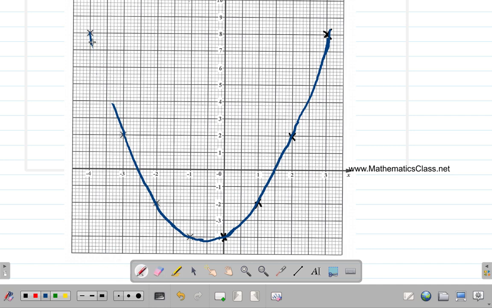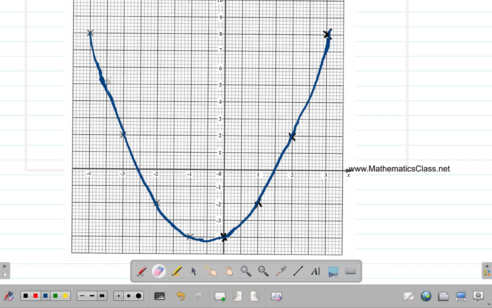Let me draw it a little better. See if we can draw it a little better than this. Oh boy, still bent. But you get the idea though. It's supposed to be a smooth curve, right?